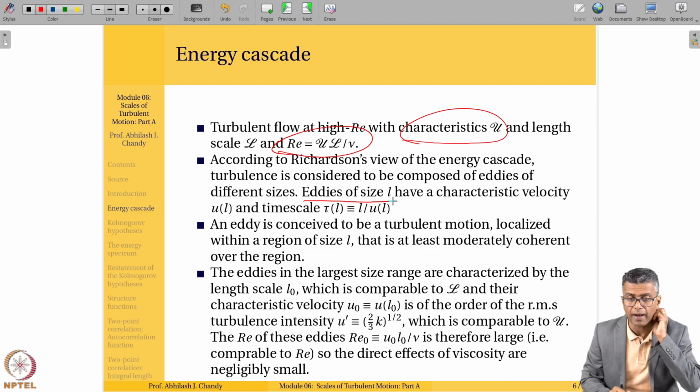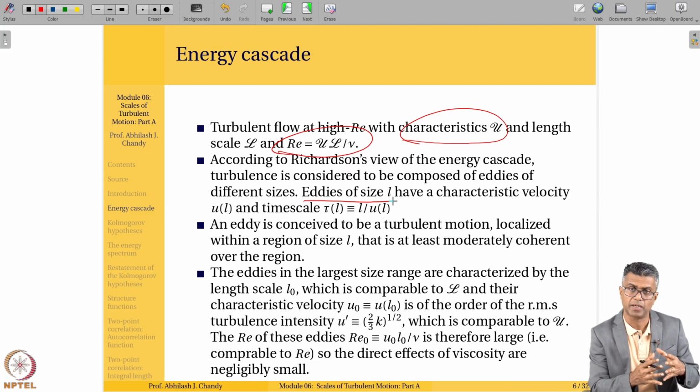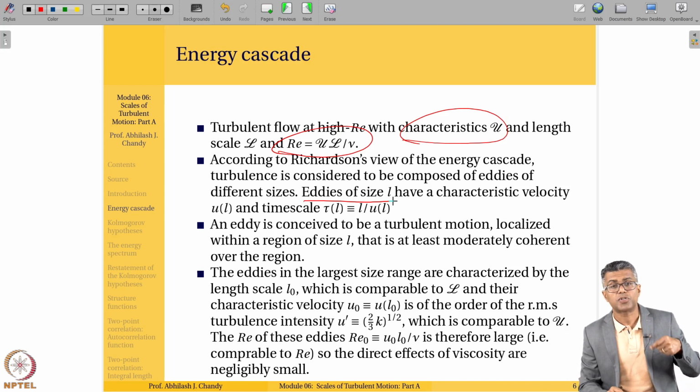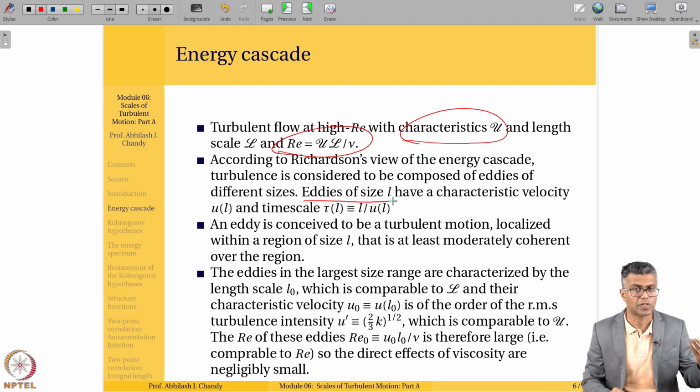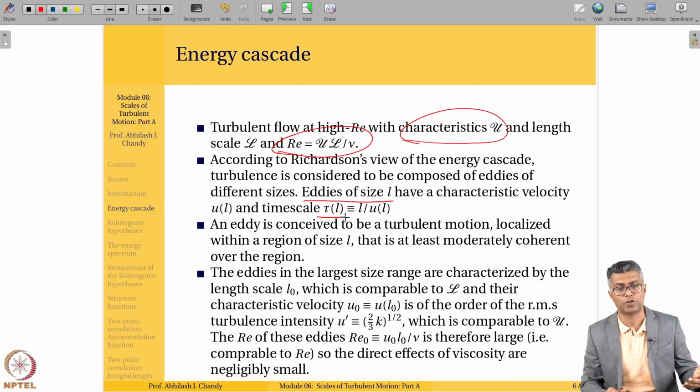So each eddy, let's say, has a length scale defined as l. And then it is associated with a velocity scale, let's call it u, which is obviously a function of l. And correspondingly, you will have a time scale tau of l, which is l over u of l.